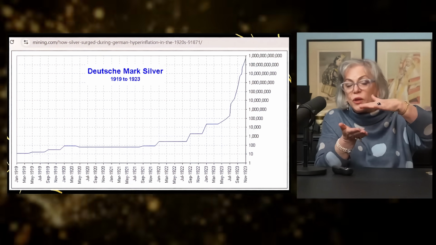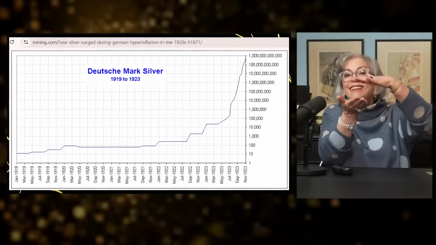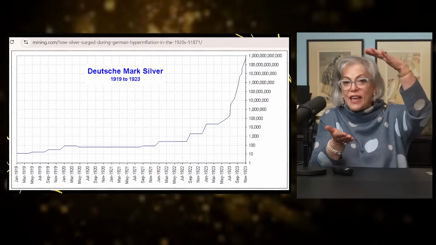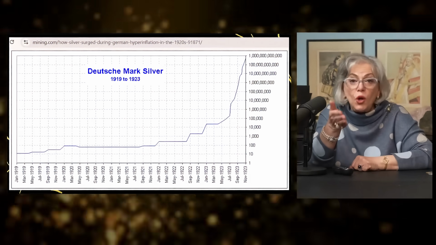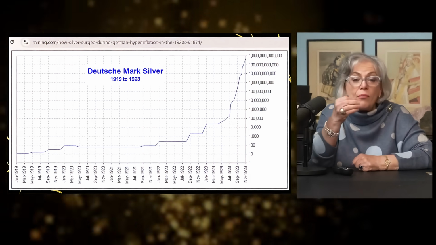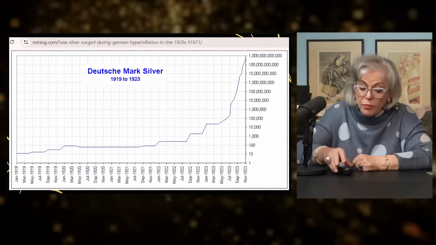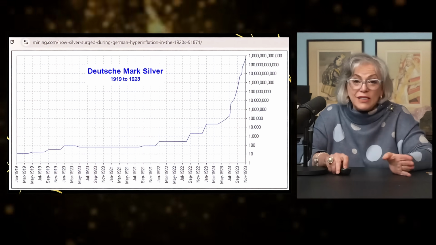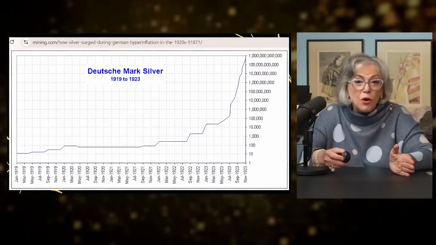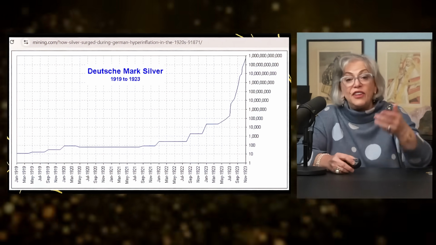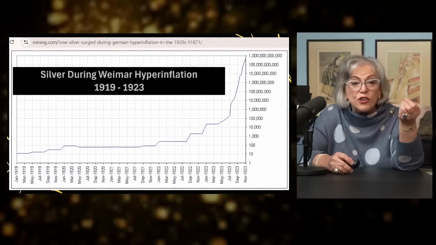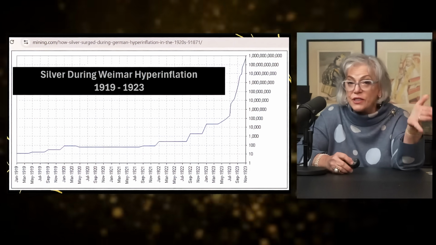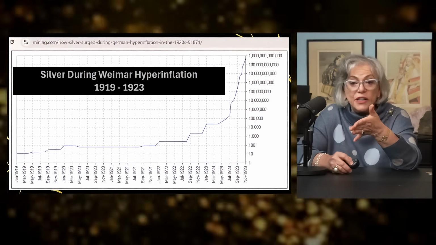And then once we go into hyperinflation, then it changes again and it'll grow wider. So I pulled up the data from Weimar Republic in Germany, not because that's the worst case, but because it's the most well-known case. And this is the data that I pulled on what happened to spot silver during that period of time. So this is 1919 and 1923.